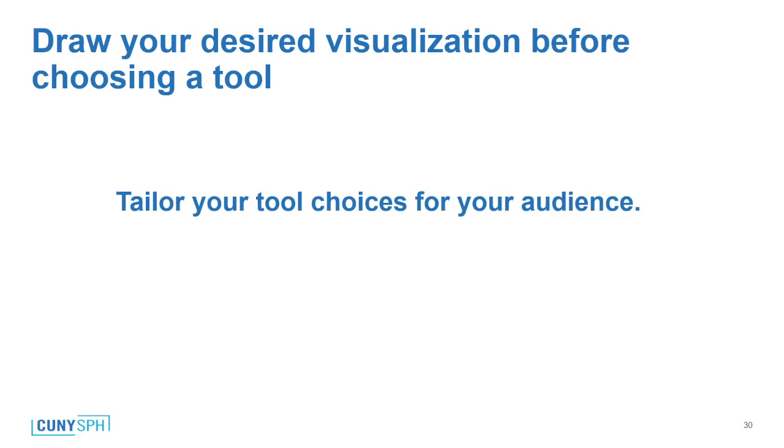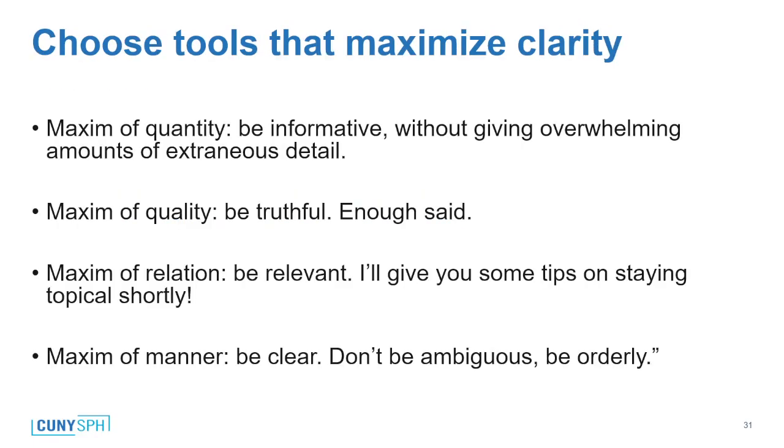Okay, but this is really important: even before writing the first line of code, doing the first import, you do a mockup and have an idea, a goal, a representation of where you want to go, and that's going to be really helpful. And you want to choose tools that are going to maximize clarity.